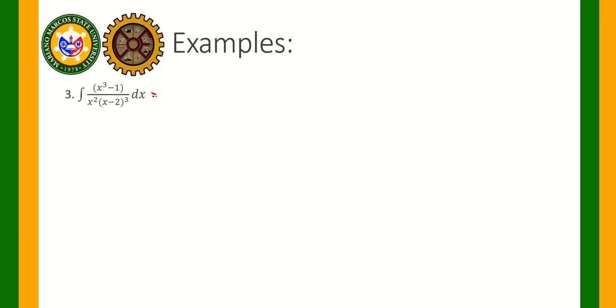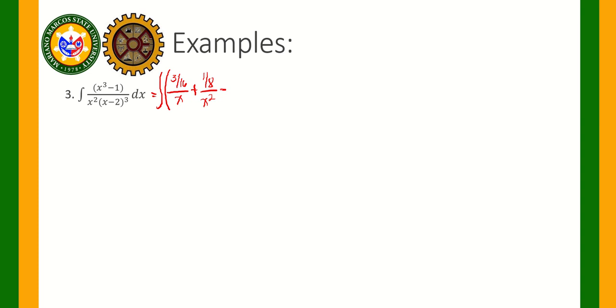So this will be equal to the integral of a. What is a? That is 3 over 16. So, 3 over 16 over x. Plus, our b is 1 over 8, so 1 over 8 over x squared. And then our c is negative 3 over 16.